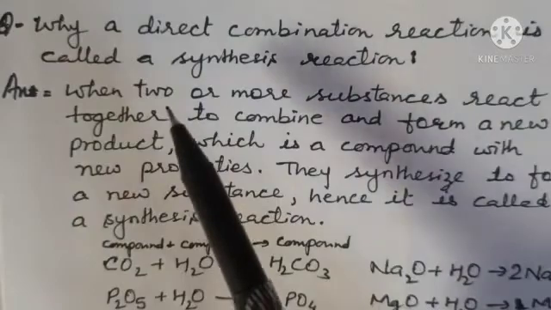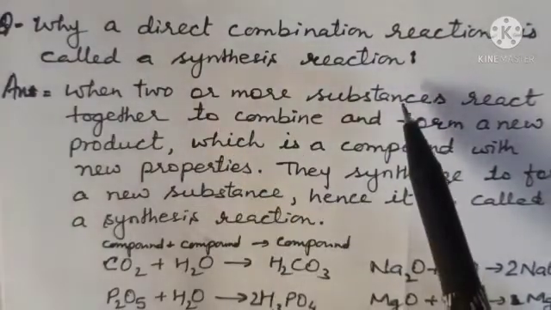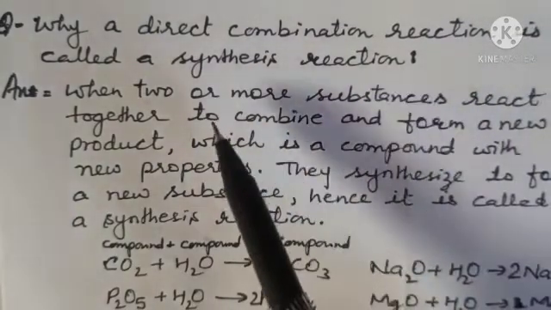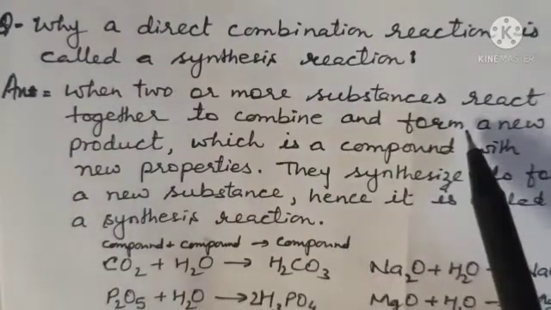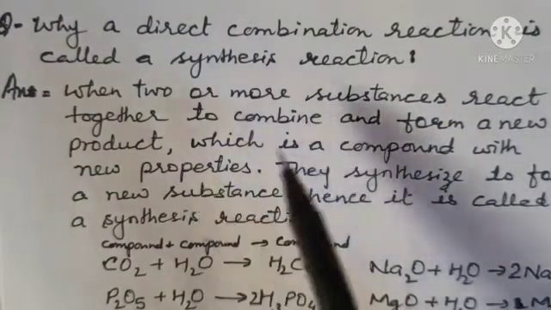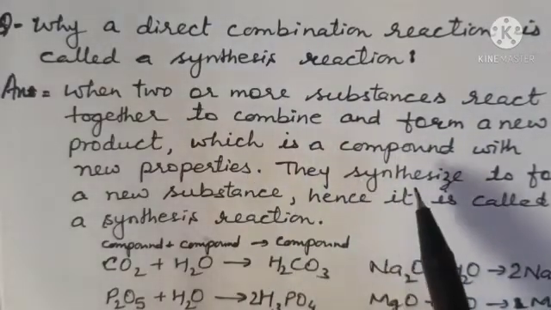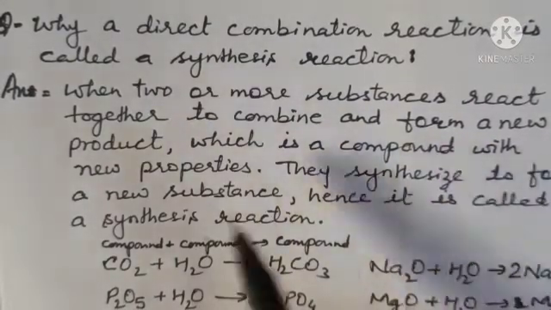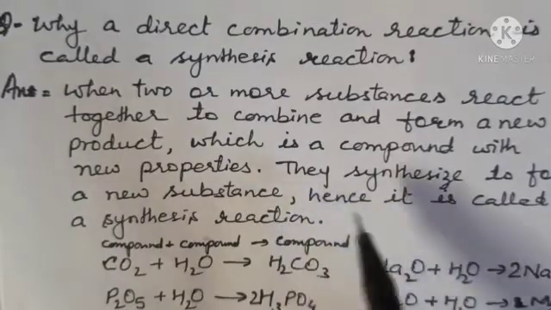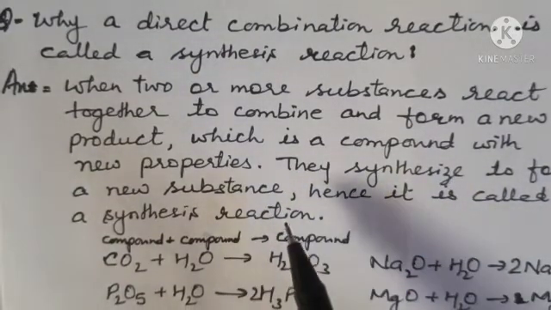Okay, now the question is, why is a direct combination reaction called a synthesis reaction? The answer is, when two or more substances react together and combine to form a new product, which is a compound with new properties, they synthesize a new substance. Hence, it is called a synthesis reaction.